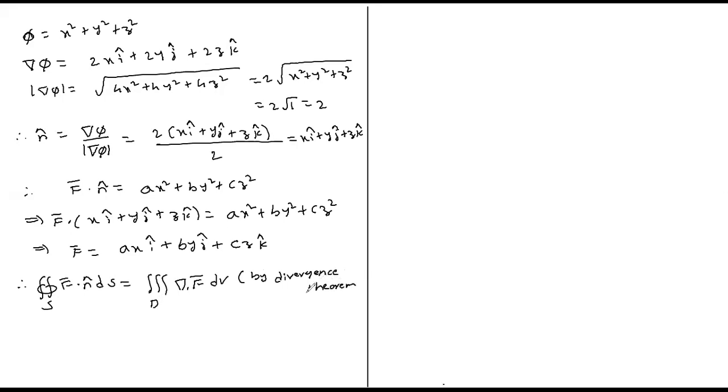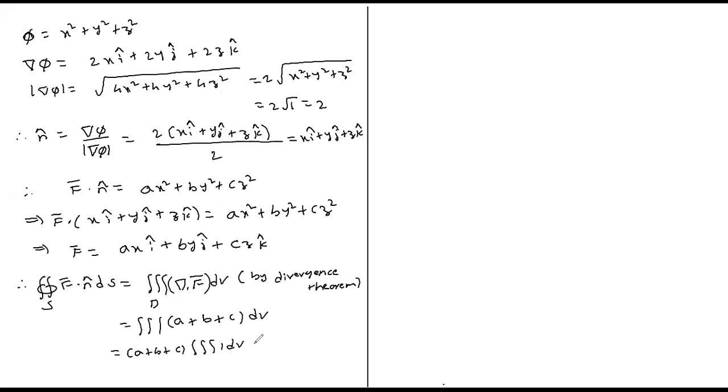Now what is the divergence of f bar, del dot f bar? It is a plus b plus c. The derivative of the first component with respect to x is a, the second component with respect to y is b, the third component with respect to z is c. So this is a plus b plus c into the triple integral of 1 dv.